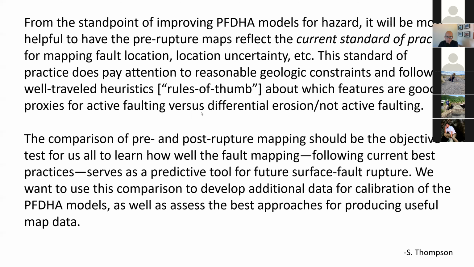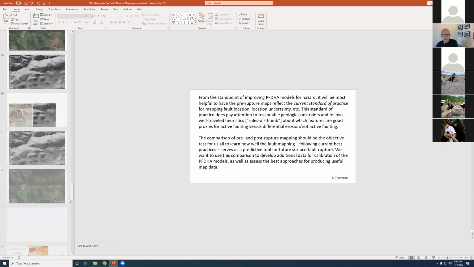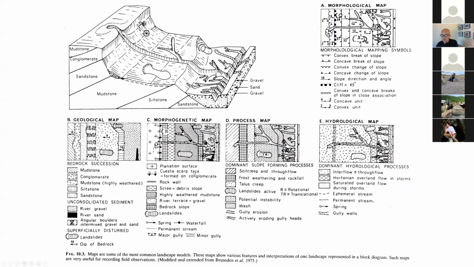So the morphologic mapping is what we did, where we're really mapping topographic features: slope breaks, ridges, valleys, troughs, these really basic sorts of properties. Whereas geomorphic mapping is a blend of what we think the surface processes are, as well as maybe what the Quaternary geology is.